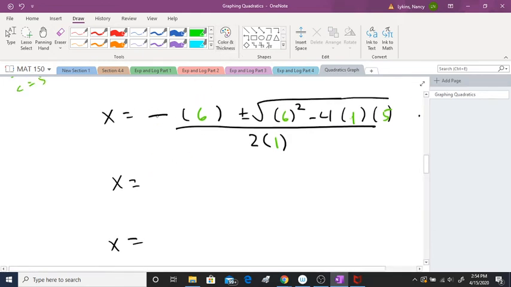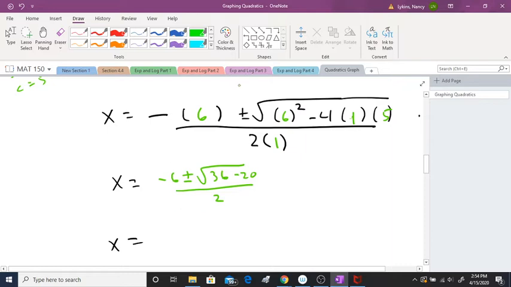So then we're going to carry this out. Negative 6 plus or minus the square root of 6 squared is 36, minus 4 times 1 times 5 is minus 20, over 2.